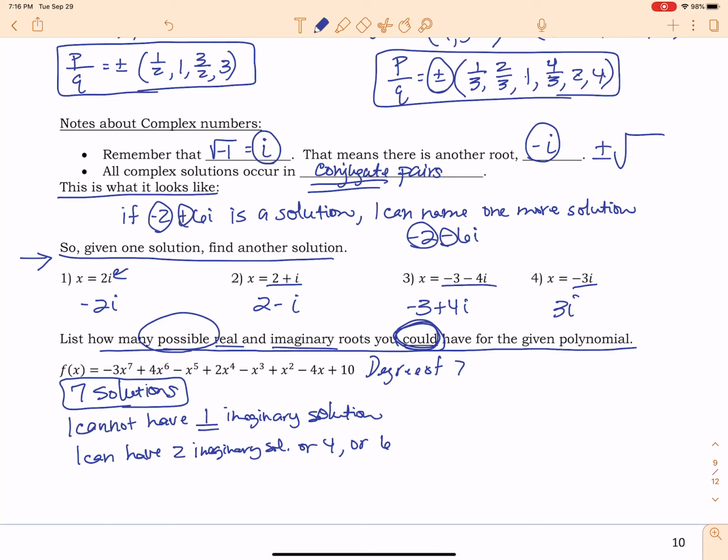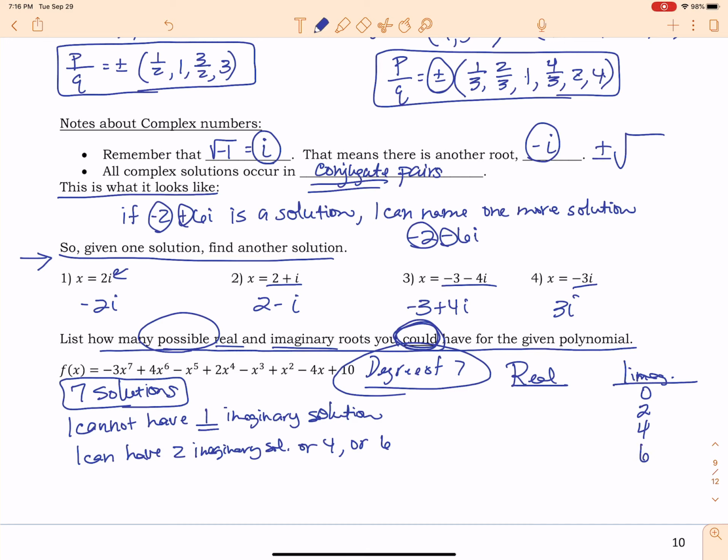Are you with me? So that means that in a degree of 7, I'm going to list how many real solutions I could have versus how many imaginary solutions I could have. Well, here are the choices. None of them could be imaginary, or 2 of them, or 4 of them, or 6 of them.